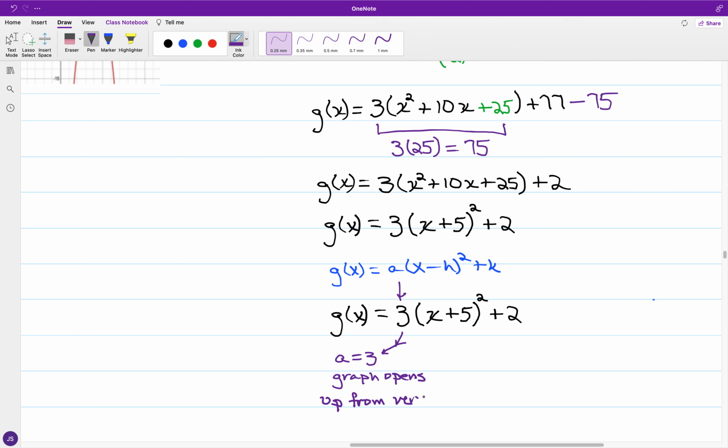If it's opening up from the vertex, up to the left and up to the right, that means the vertex would be the bottom location, and so this would be the location of the minimum.